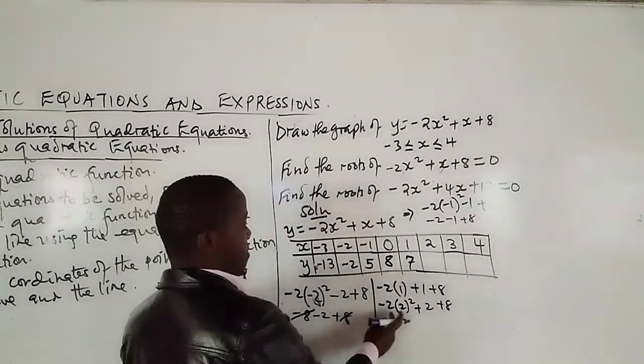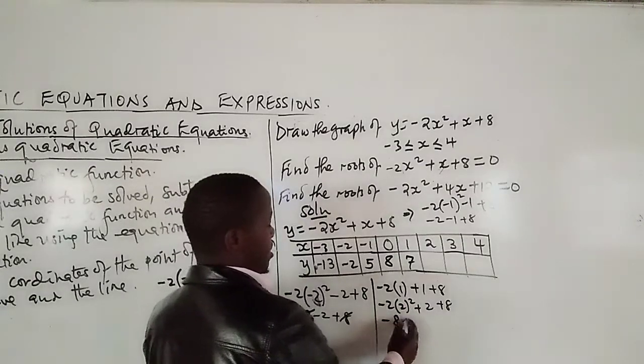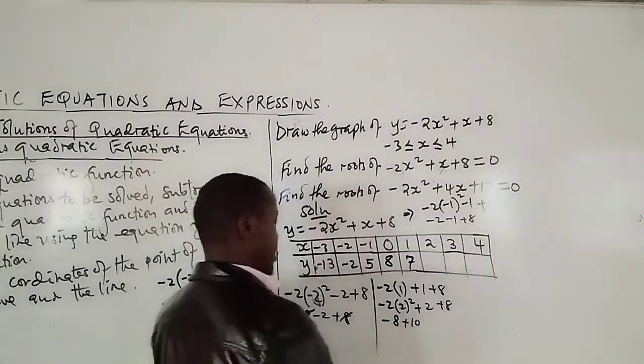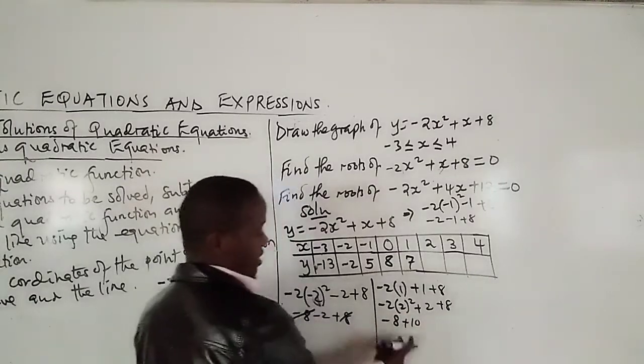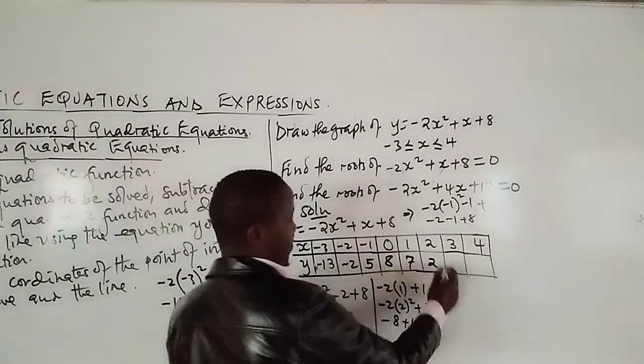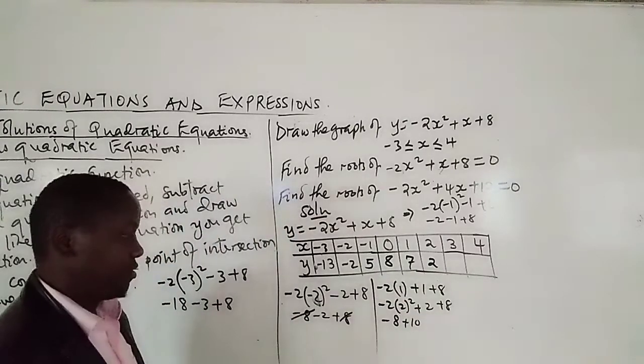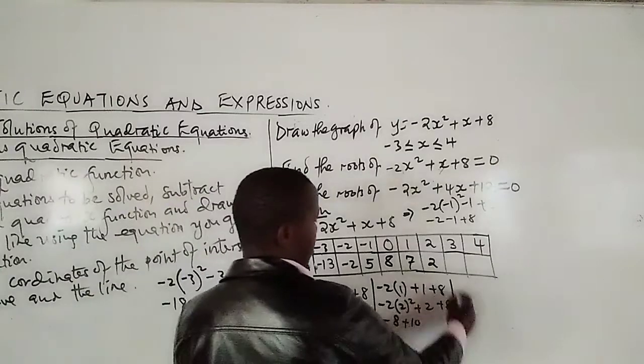Positive 4, by negative 2 we get negative 8 plus 10, we get positive 2.